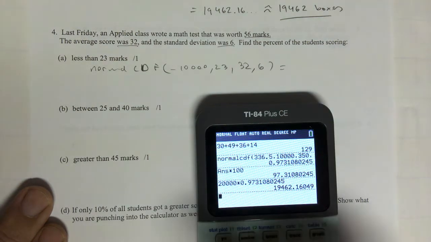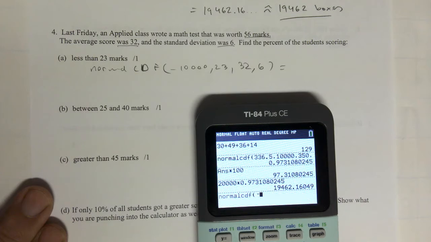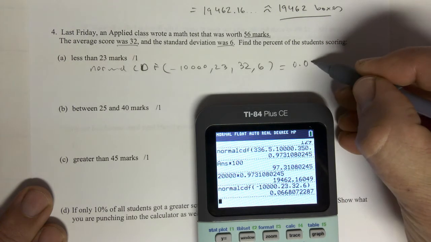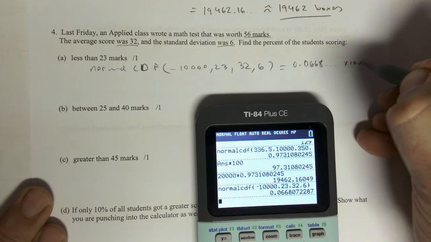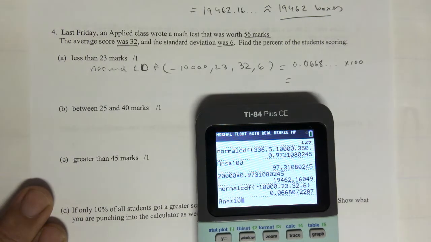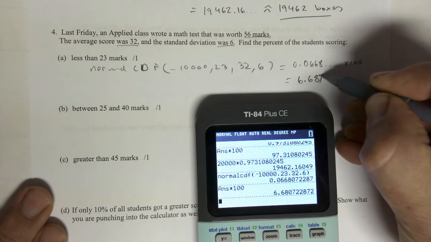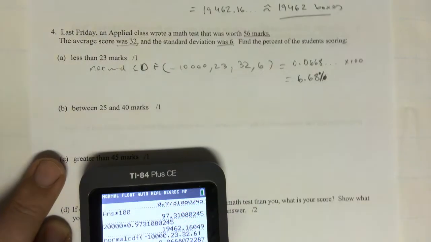So we're going to go second vars, normal CDF, negative 10,000, 23, 32, and 6 at 0.0668, and it keeps going. Times it by 100, you get 6.68% of students scored less than that.